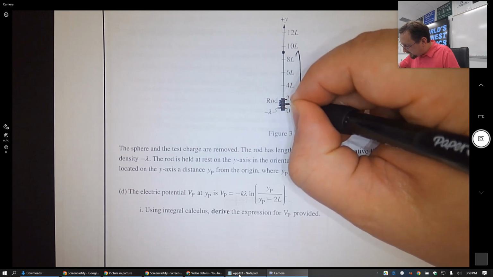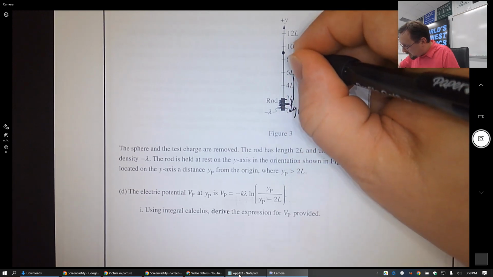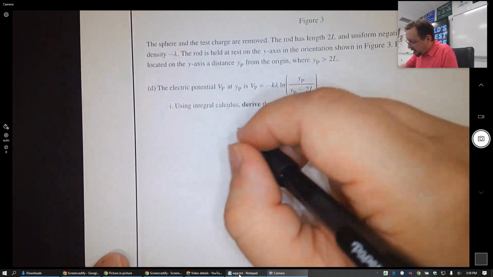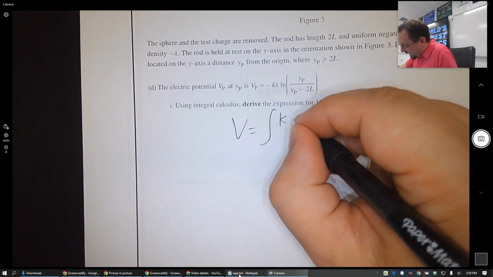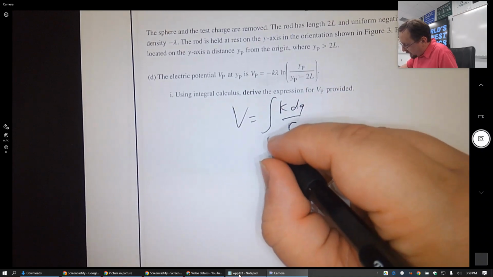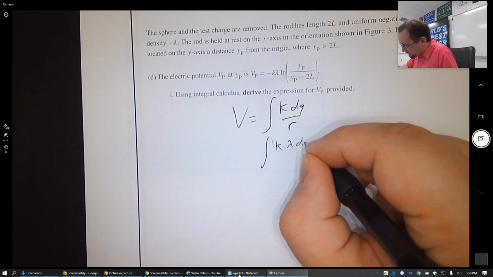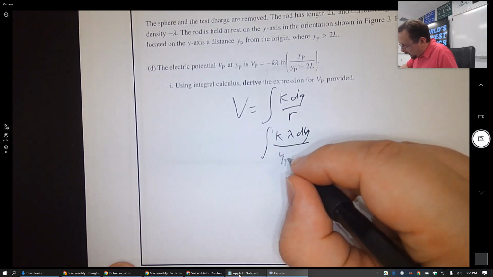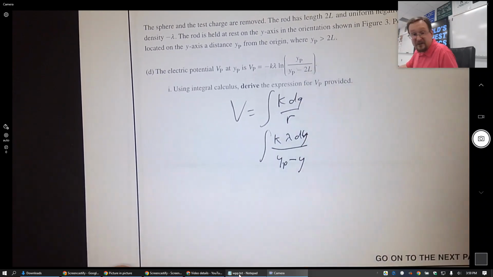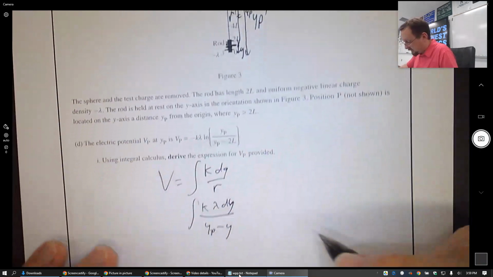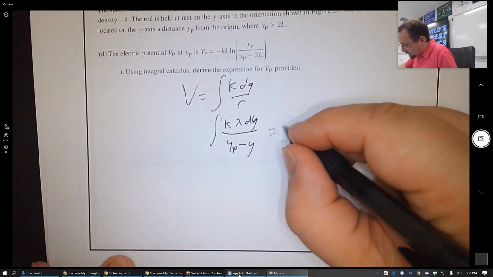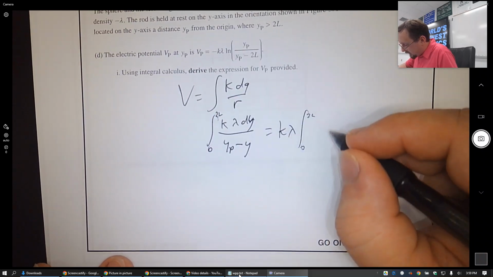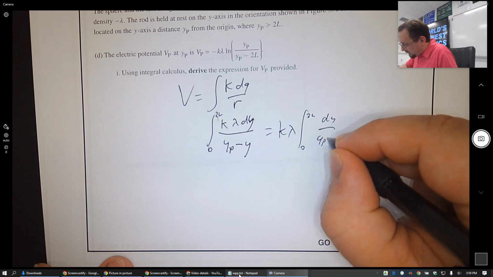If this piece has height Y, then the R to that piece is YP minus Y. Okay, so V is the integral of K dQ over R, integral of K lambda dy over R, which is YP minus Y. Okay, so this is basically the same thing we did before, but just vertical, right? Okay, and so that's going to be K lambda, and we're going to go from 0 to 2L, dy over YP minus y.